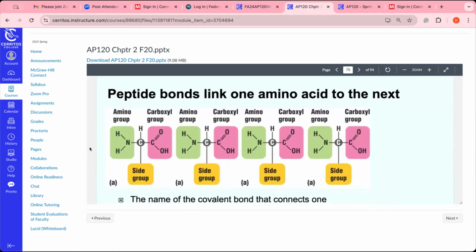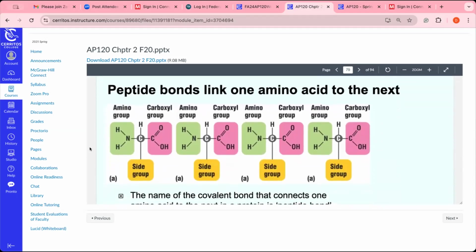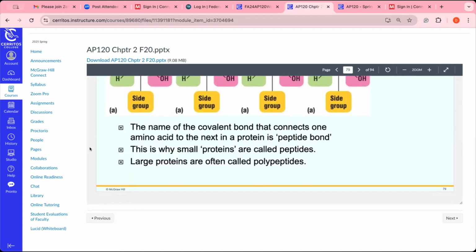Peptide bonds link one amino acid to the next. Amino group, carboxyl group, amino group, carboxyl group, connected with this carbon hydrogen side group. The name of the covalent bond that connects one amino acid to the next in a protein is a peptide bond.